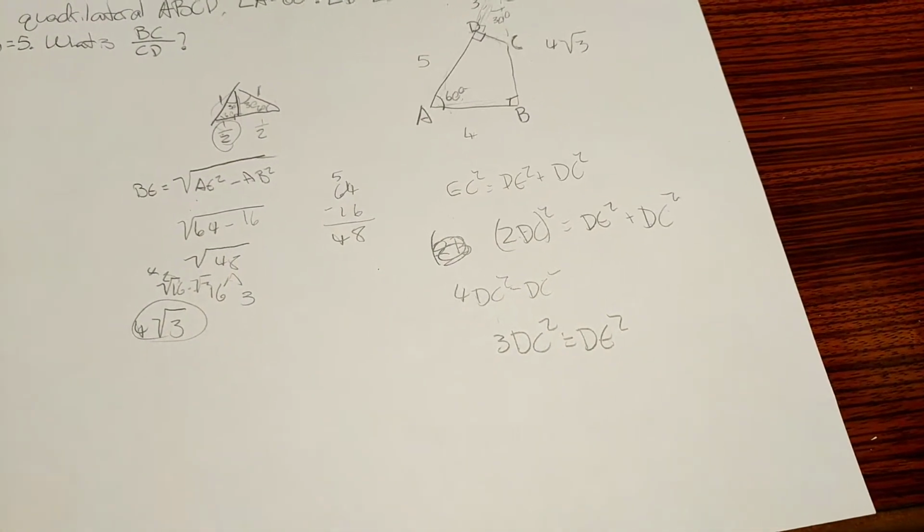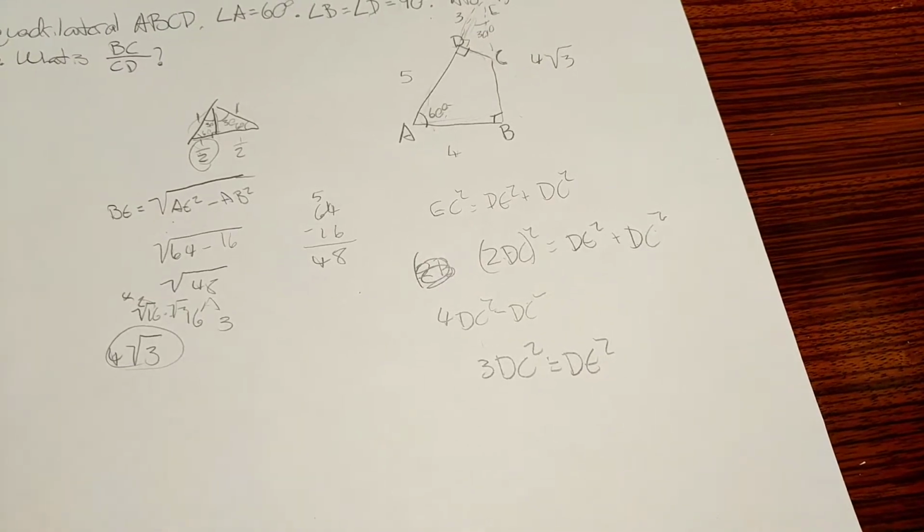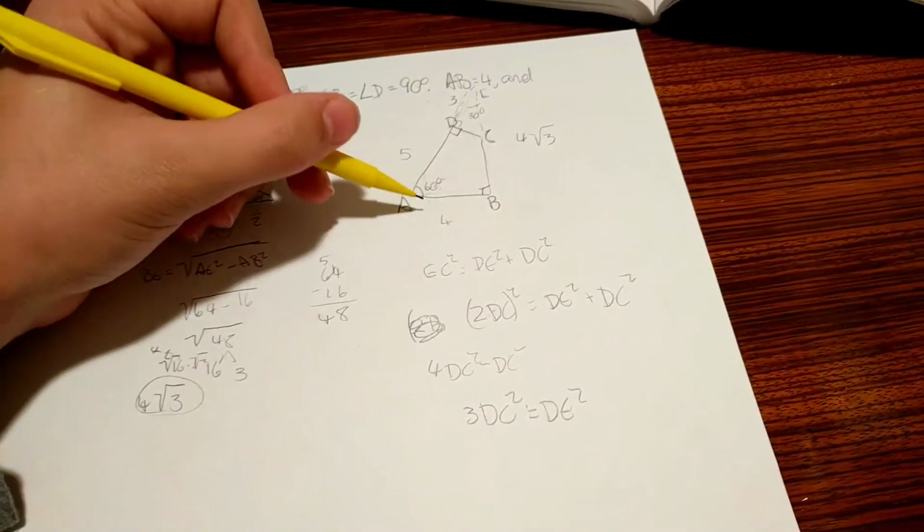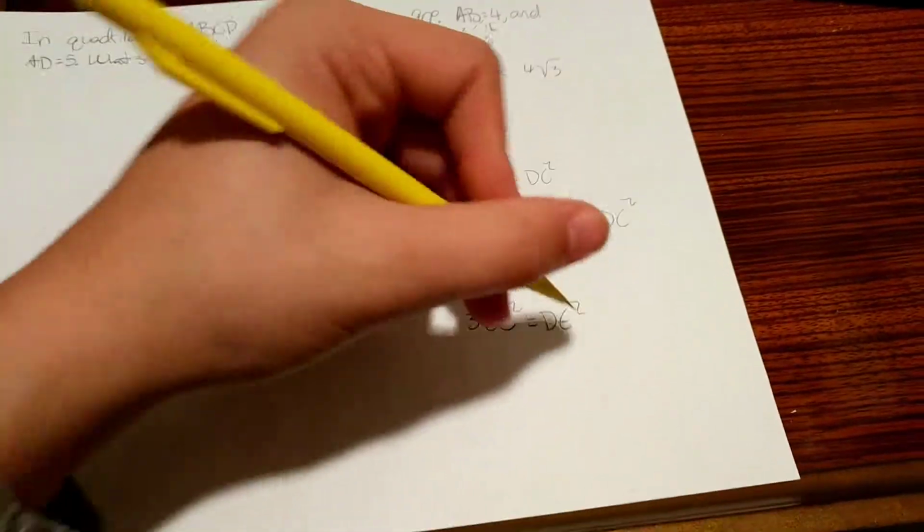Okay. Now, we know that DE is equal to 3 because we proved it again, because this length has to be half the length of that.